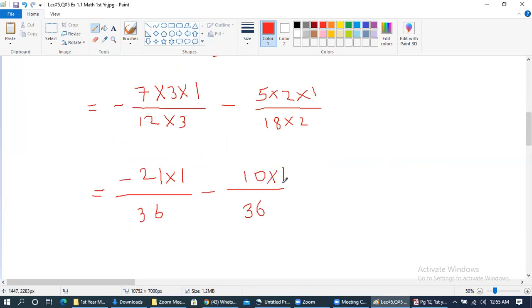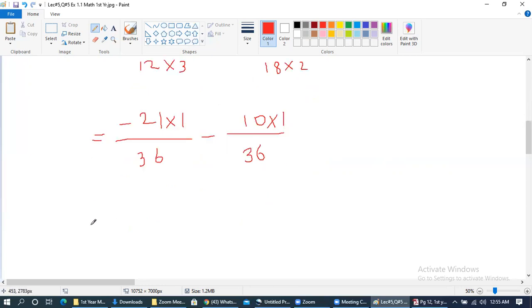So you can write it as 10 times 1. Now you can write the first fraction to be minus 21 multiplied by 1 by 36, and minus 10 multiplied by 1 by 36. We can write it in this form as well.